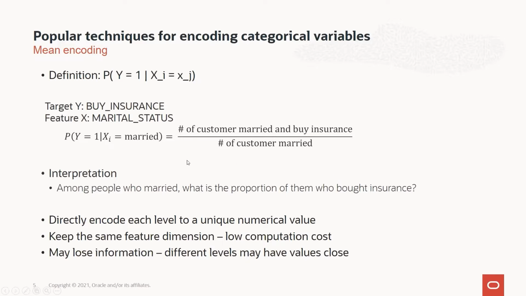So we calculate the conditional probability: given the person is married, what's the probability they bought insurance? It keeps the same feature dimension and has a low computational cost. But the one thing is they may lose information. You can imagine there may be 2 levels with a similar probability, and then you will see these 2 levels as almost the same. So you still lose some information here.